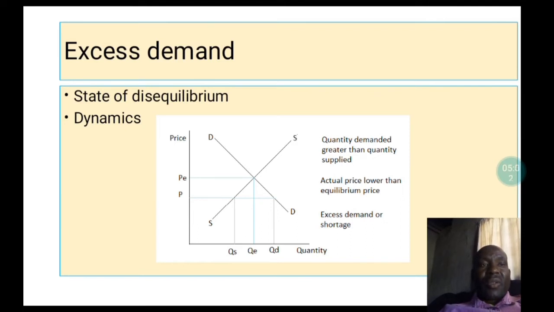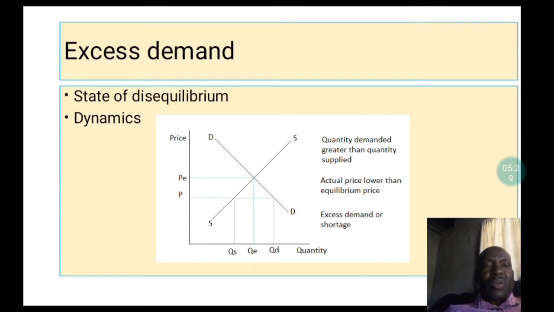So in this particular graph, you can see that the actual price, which is P, is lower than the equilibrium price. So when you have this situation, it means that you have excess demand or you have a shortage. That is to say, what has been supplied on the market is less than what is being demanded. Okay?